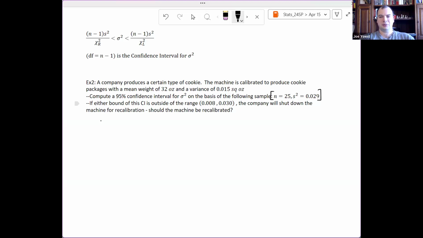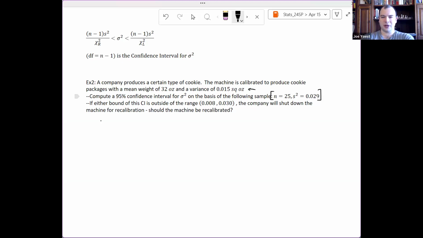So the sample variance 0.029 is not right on 0.015, which is what we would hope. But our question is, okay, is this sample variance so far away from the variance that we'd expect, 0.015, that we think something has gone wrong with our process, with the machine, and we want to shut down the production line and maybe recalibrate the machine or investigate what has gone wrong.